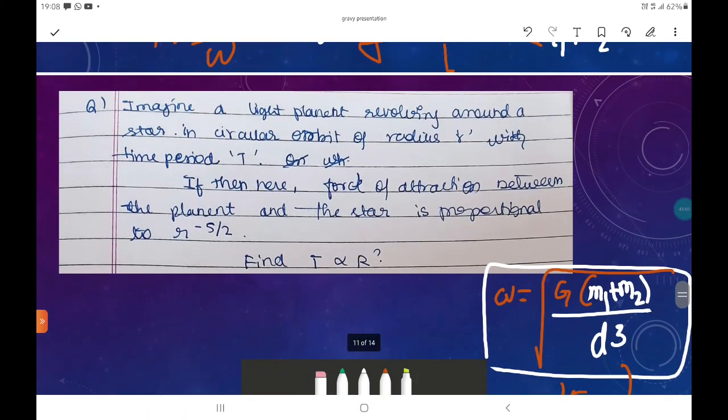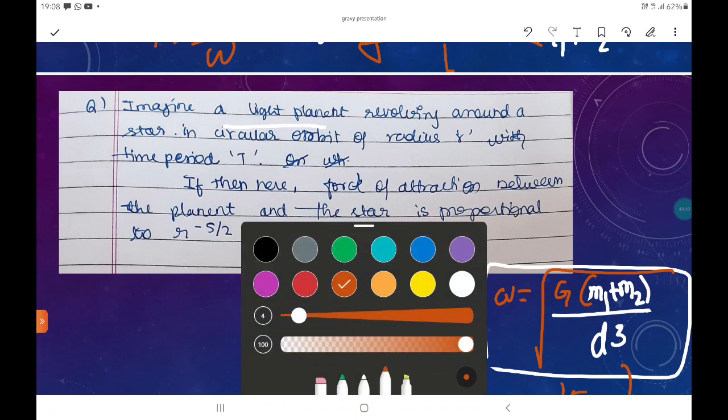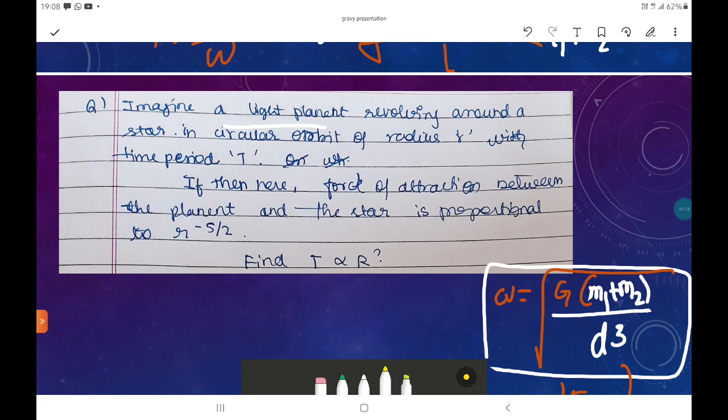Now, yes, this is an important sum. See, imagine a light planet revolving around its star in a circular orbit of radius r with time period T. If the force of attraction between the planet and the star is proportional to r to the power minus 5 by 2, then what is T proportional to? So I said direct formula.